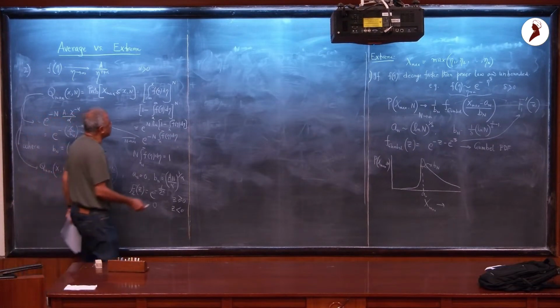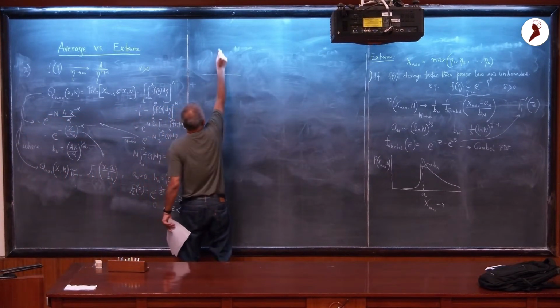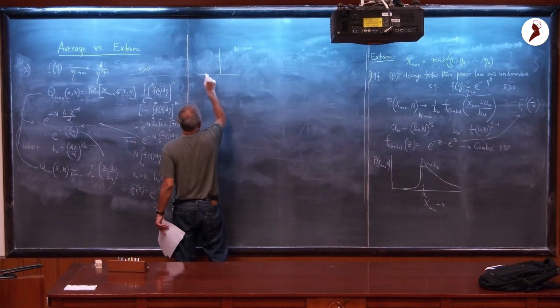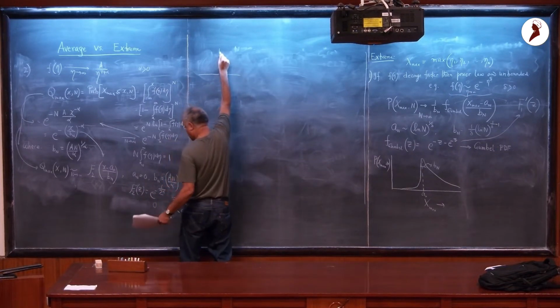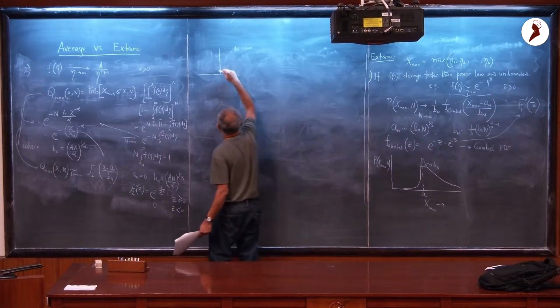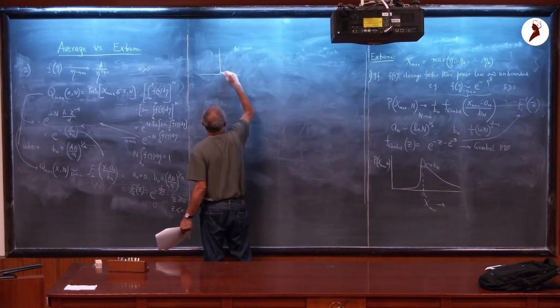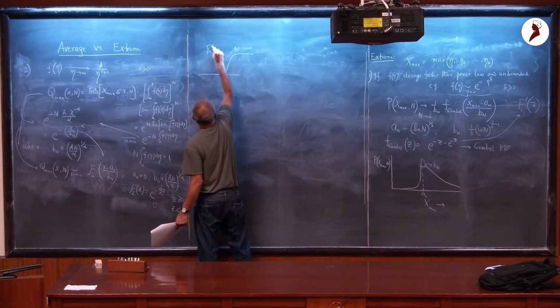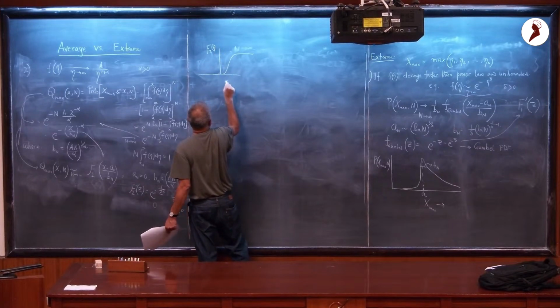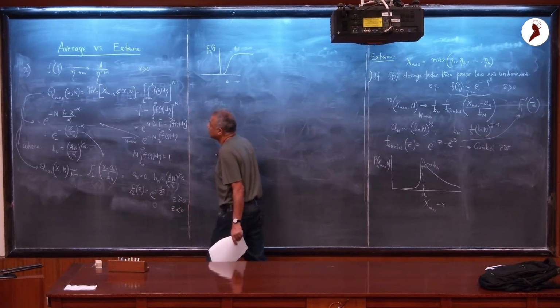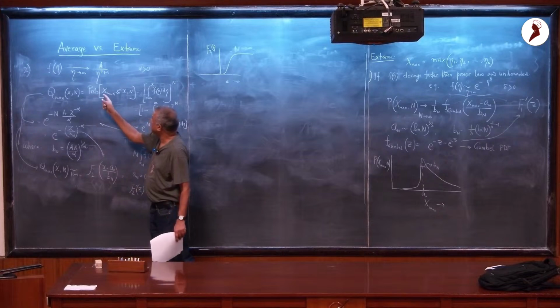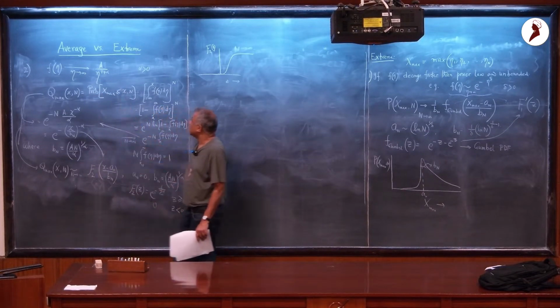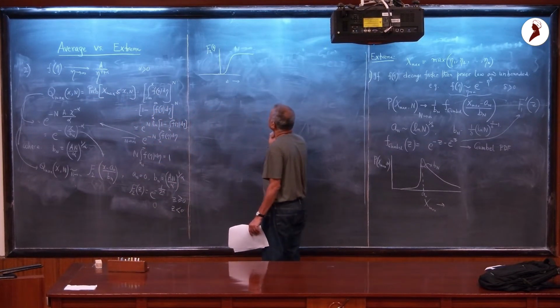So this f2 of z, if you plot it, is a cumulative distribution, so it's 0 here and then it increases like this and approaches 1. As z goes to infinity, it must go to 1 because it's a cumulative distribution. When x max goes to infinity, the probability that x is less than infinity is definitely 1.